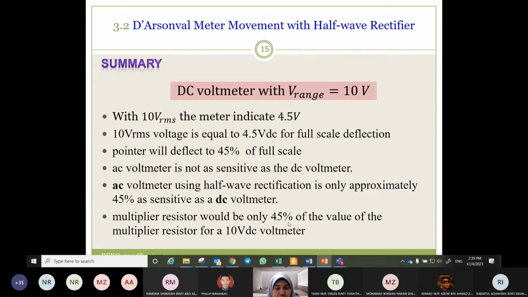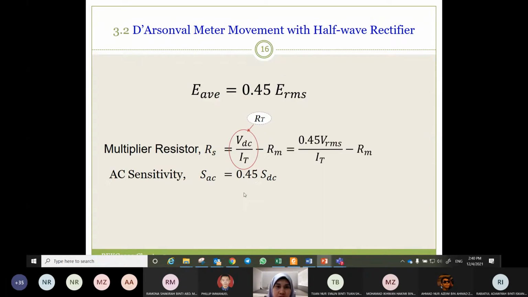The multiplier resistor will be only 45% of the value of the multiplier resistor for a 10 VDC. So the sensitivity, the RS, and the voltage for AC signal will be 45% only, rather than 100% of DC signal.